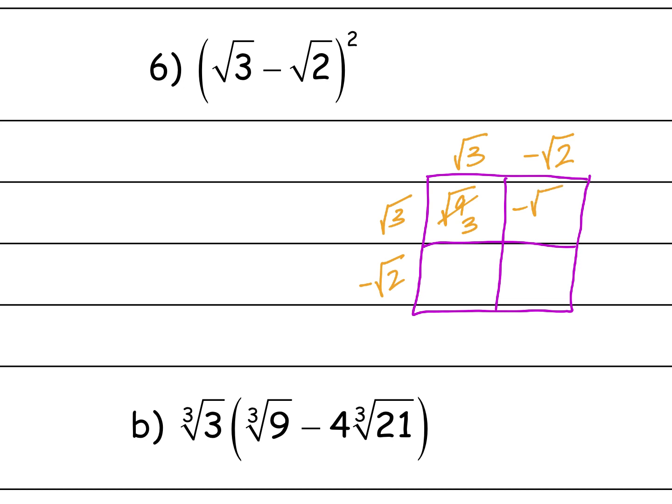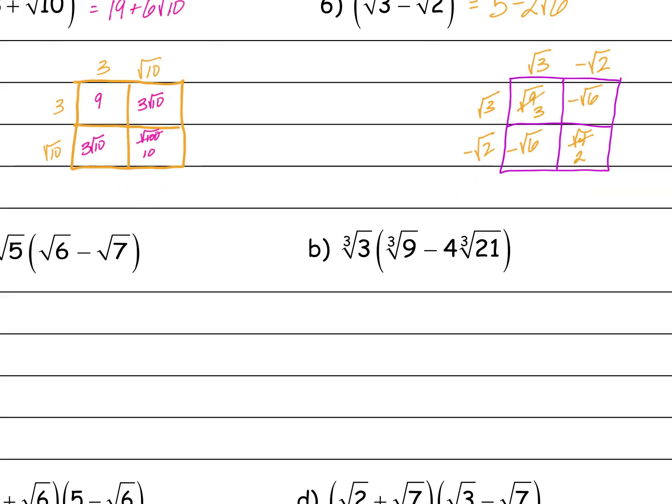And negative square root of 6, and negative square root of 6, and the square root of 4, which gives me 2. So my answer should be 5 minus 2 square root 6. Questions? From home? Anybody? You guys okay? Does it make sense? Okay. Good.